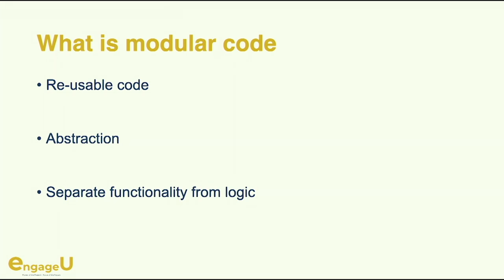So modular code can be anything, and it sounds nice when we say that we code in FileMaker. Everyone knows that we're not coding, we're scripting, but nonetheless, it's mostly about scripting. But modular code can be so many things. It can be a custom function that is doing abstraction.